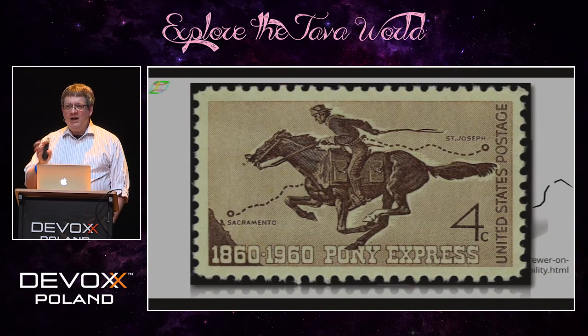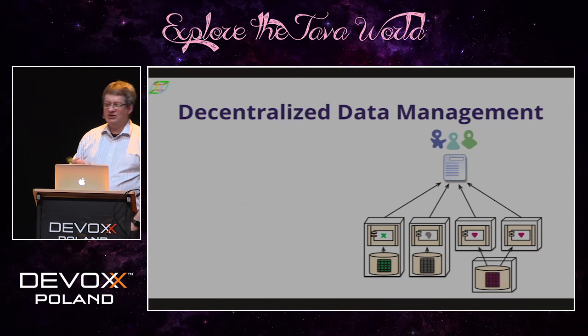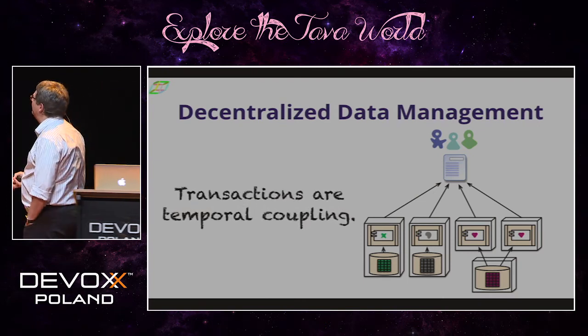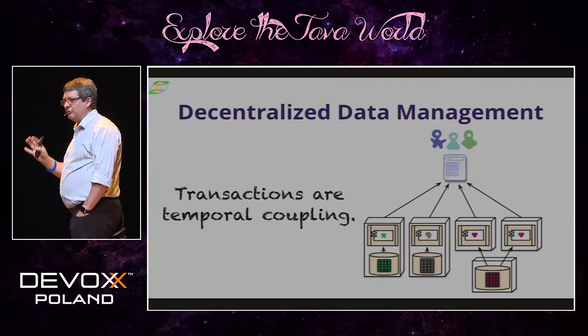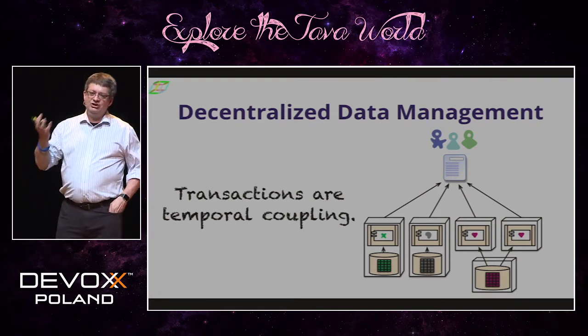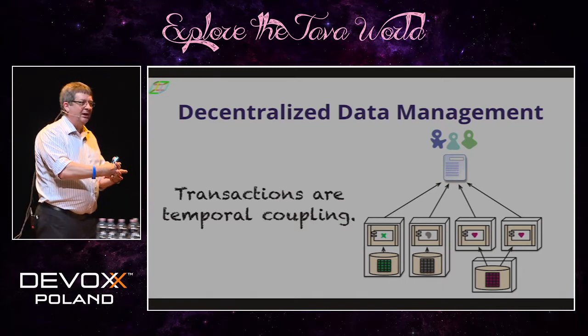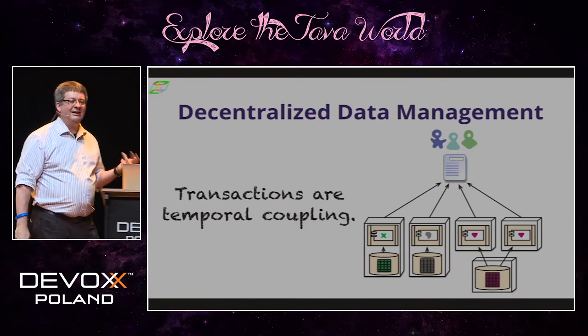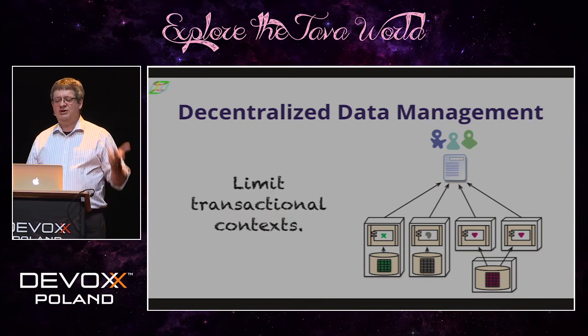So we've got to get away from this idea that transactions are a natural part of the world. Now, certainly some things do act transactionally, but the real point of this is that transactions are a special kind of coupling. They're temporal coupling. That has nothing to do with the way your classes are coupled together with afferent and efferent coupling. This is how things are coupled together in time. And so what we're not saying here is you can't have transactions at all.